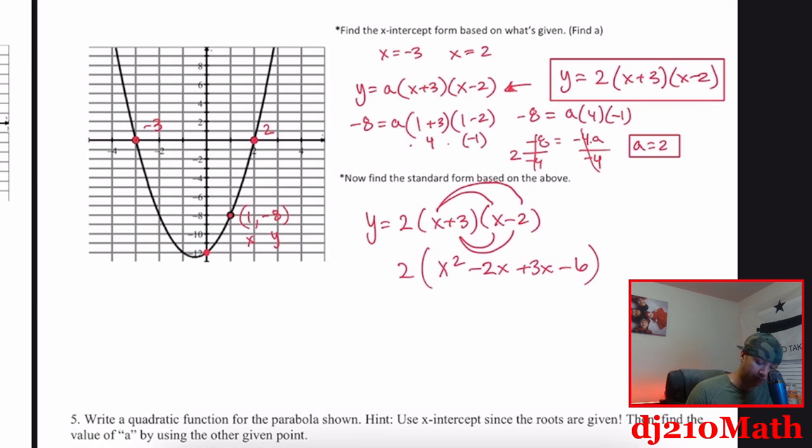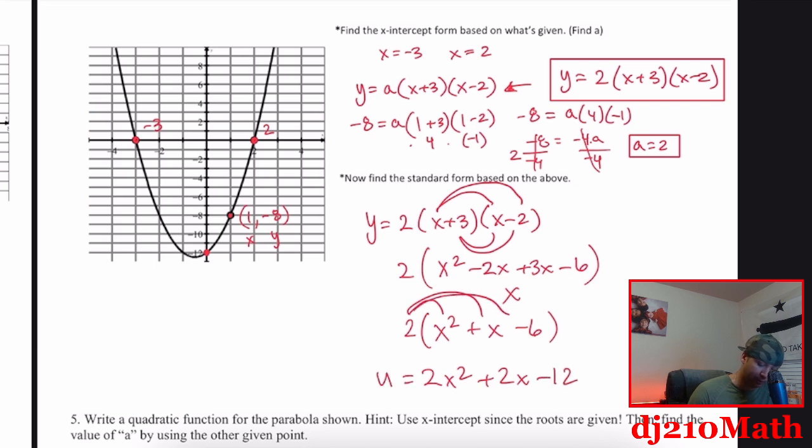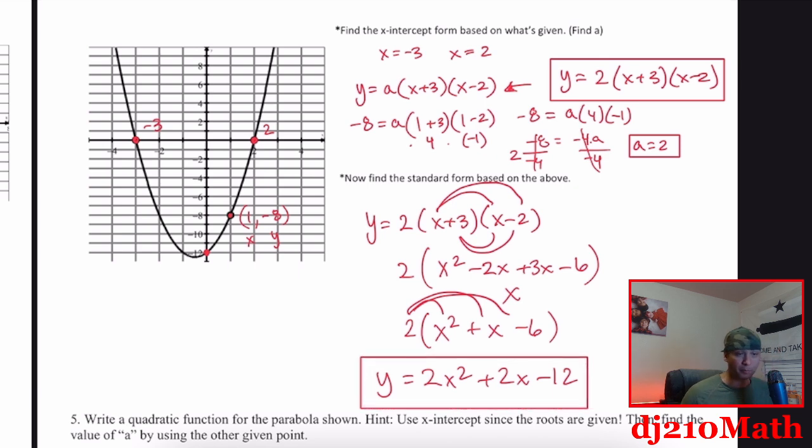So combining -2x plus 3x, which is just x, we get 2 times (x squared plus x minus 6). When we distribute, we get 2x squared plus 2x minus 12, and this is equal to y. This is standard form of the same exact problem.